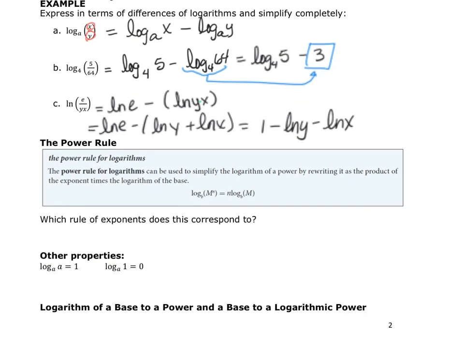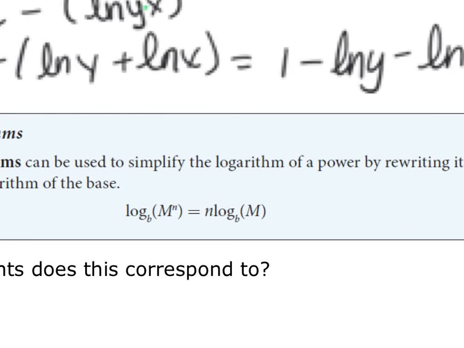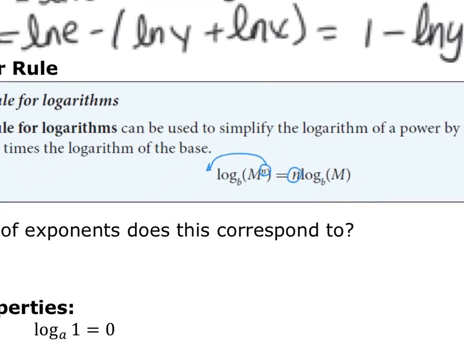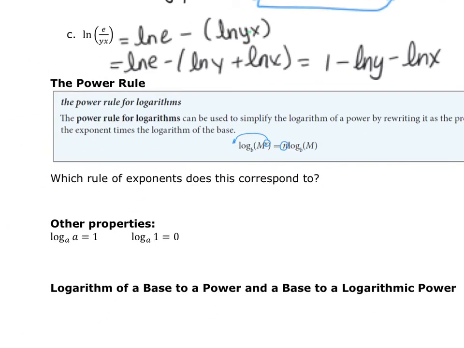My next rule is the power rule. And the power rule is this exponent, which is on the m, comes out front as a multiplier. So as you are thinking about what you'd write on your note card, these three rules are perfectly good things, and you probably should consider putting these on your note card.